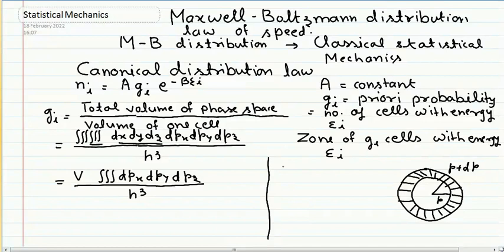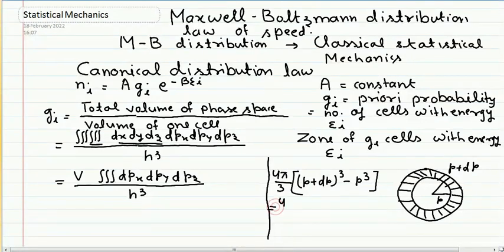So the volume of the shaded region will be the volume of the outer sphere minus the volume of the inner sphere. So let us write it: 4 pi by 3, and then (P plus dP) whole cube minus P cube. So 4 pi by 3 (P plus dP) whole cube represents the volume of the outer sphere, and 4 pi by 3 P cube represents the volume of the inner sphere.